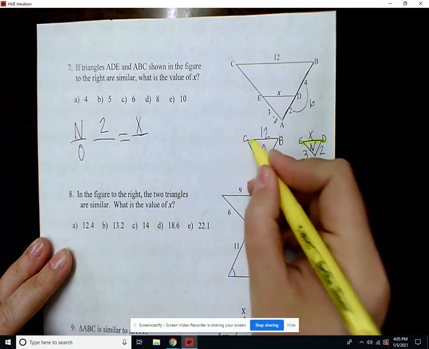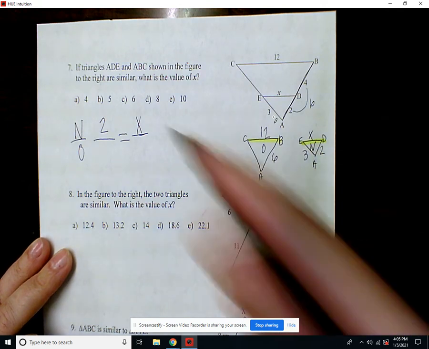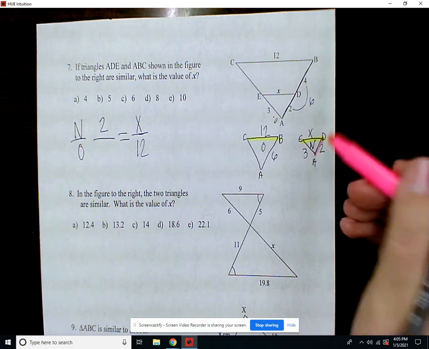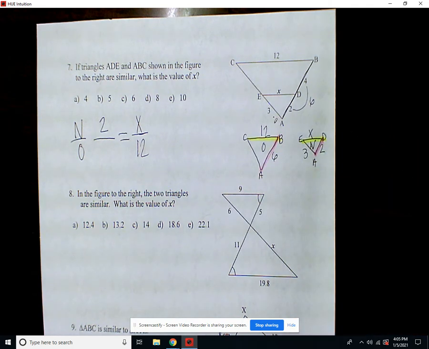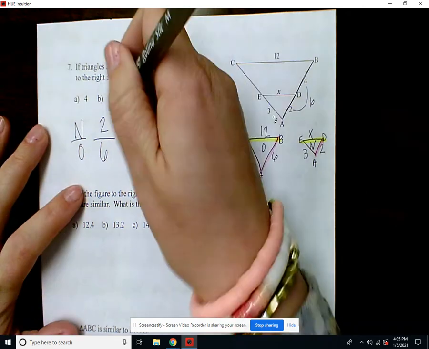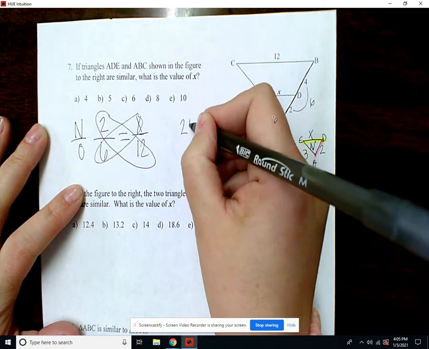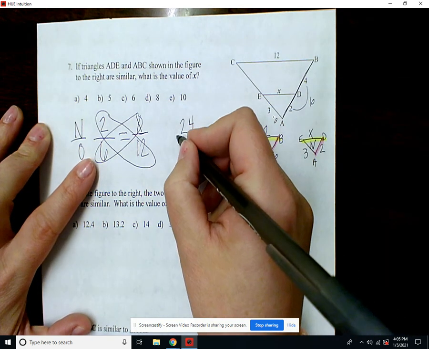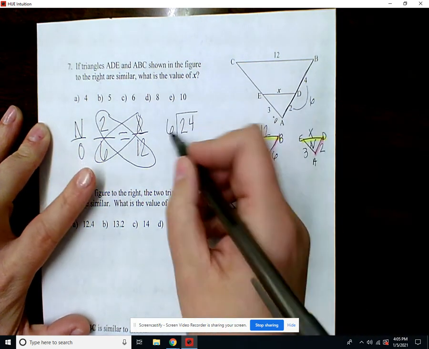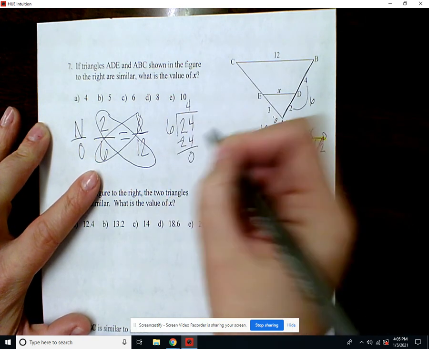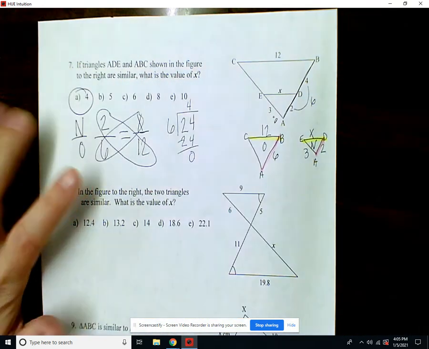So x goes with 12, and then 2 is going to go with 6. Then we're going to cross multiply and divide. So 2 times 12 is 24, and then the number with x is what we're going to divide by. So 6 into 24 is 4. So x equals 4, which is going to be A.